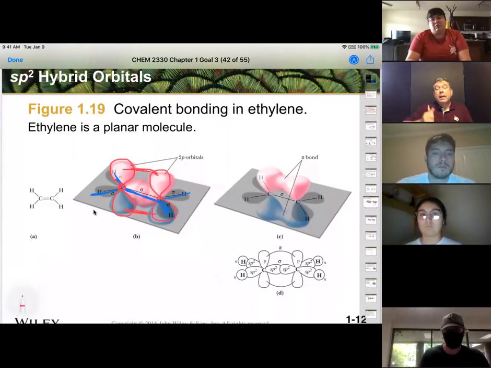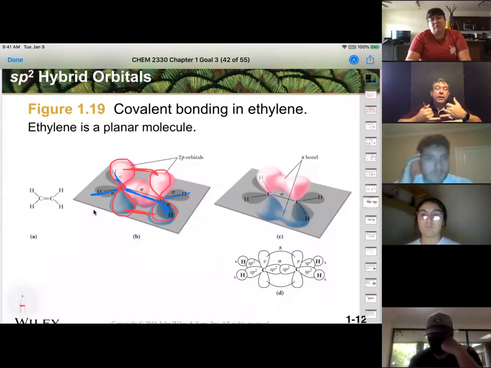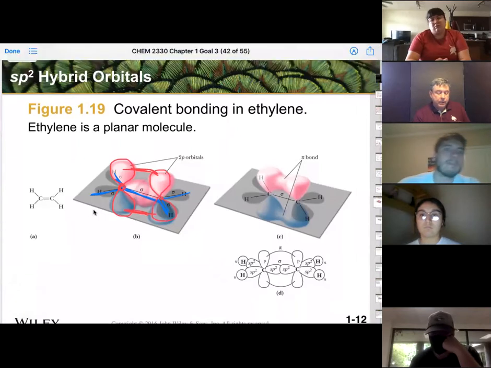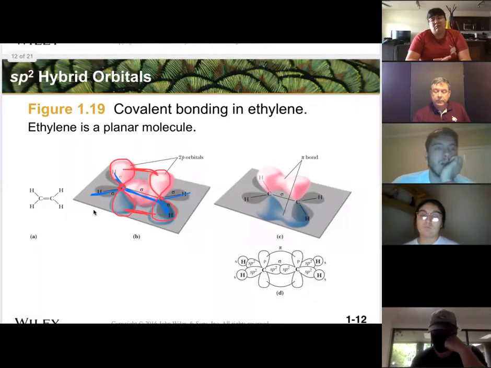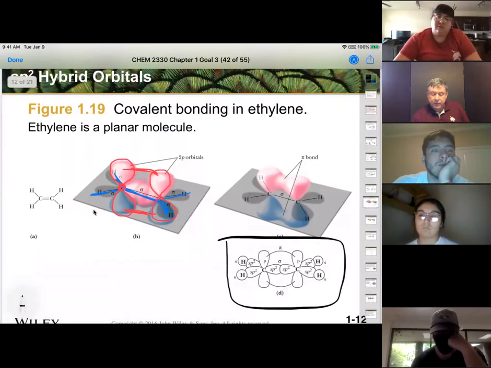Each of those p orbitals typically has 1 electron in it. So you have 1 electron over here, 1 electron right here, and that electron is partially shared above and below that plane. What would it look like on the side? If we look at this diagram down here, we have our direct bond between the 2 carbons.